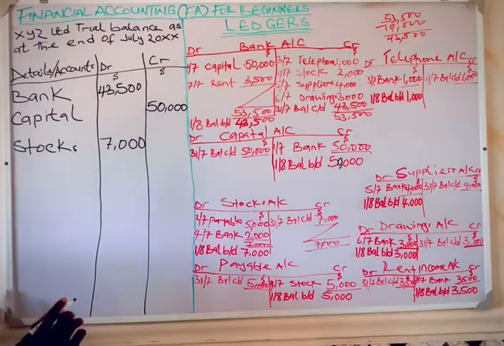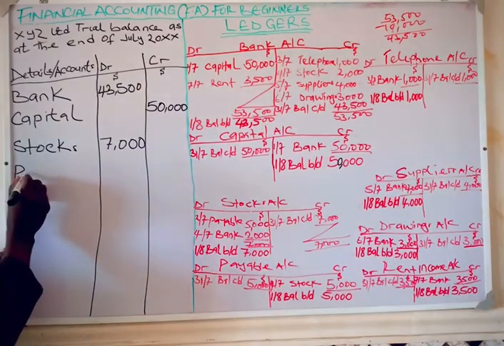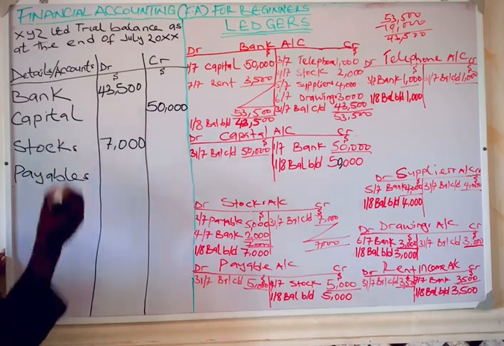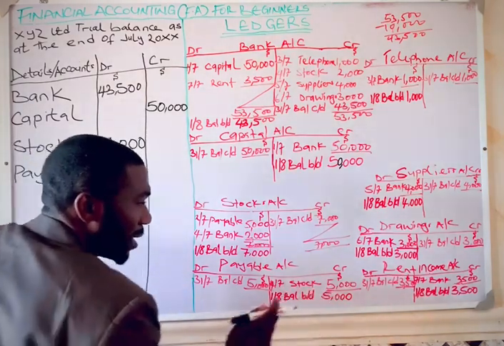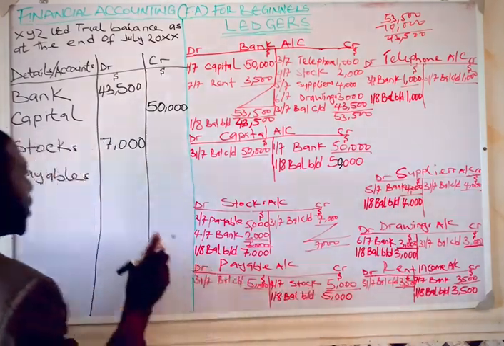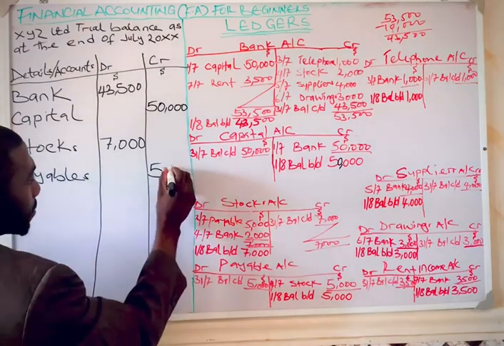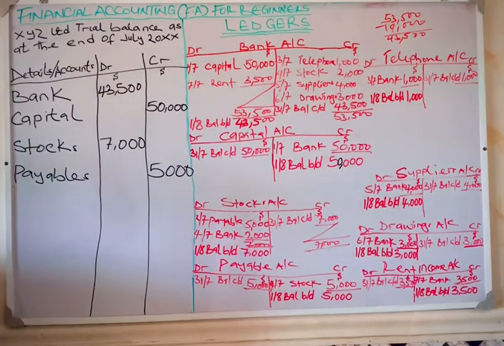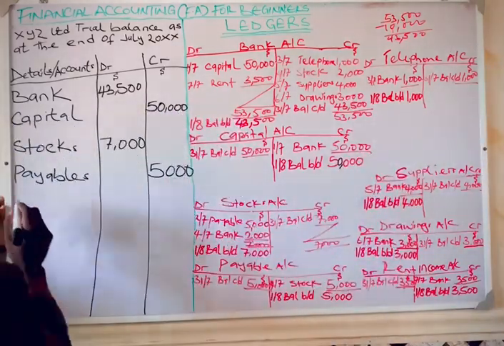The next account is payables. The payables account has a credit balance, the balance BD is at the credit side, so you take it to the credit side of the trial balance: 5,000. Now the next account is the telephone account.